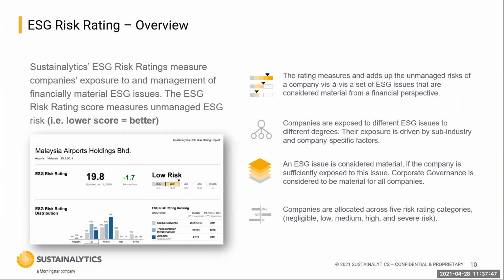There will be indicators related to, for example, air and noise pollution, and there will be S indicators related to community relation programs. The example is intended to provide some clarity as to how we're assessing issues more broadly, and how there is a combination of E, S and G issues in varying degrees across sub-industries, where some will be heavy on E and others will be heavy on S.